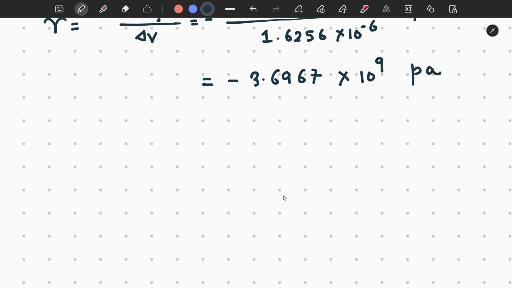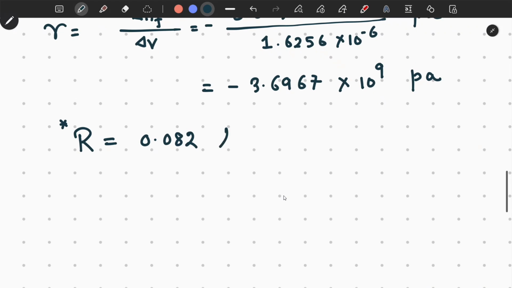If you don't remember, then we can do it using R. R is 0.08206 liter atmosphere per mole per Kelvin, and it is 8.314 joule per mole per Kelvin. So liter ATM and joule, there is a relation.